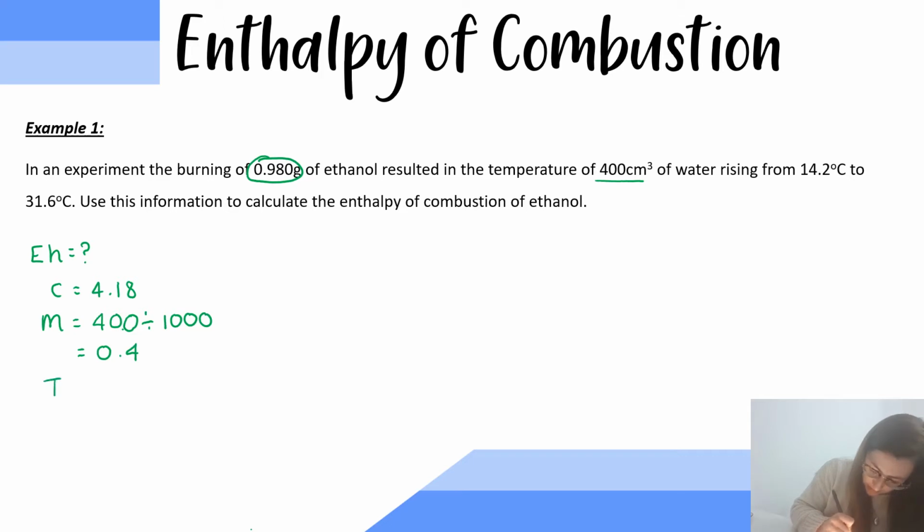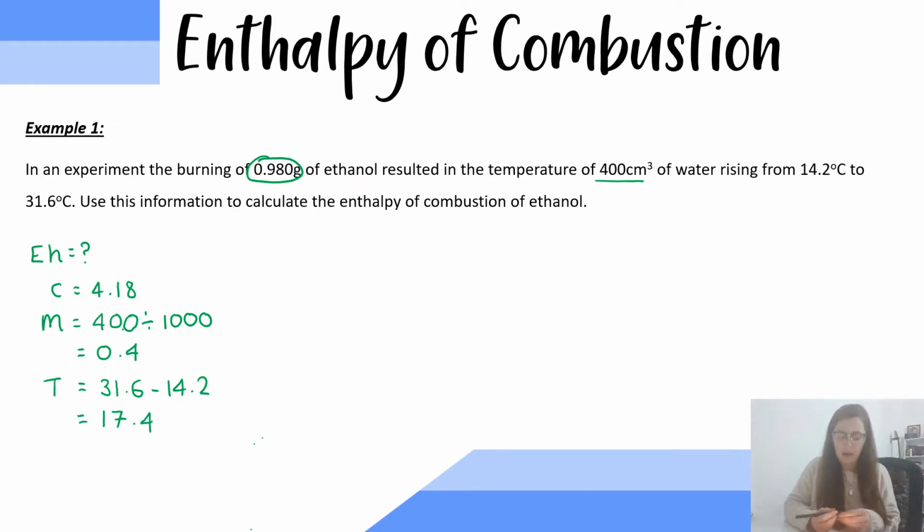And our delta T is our temperature difference. So we're doing 31.6 take away 14.2. The temperature we finished on, take away the temperature we started with. 17.4 degrees. So now we can calculate our EH.